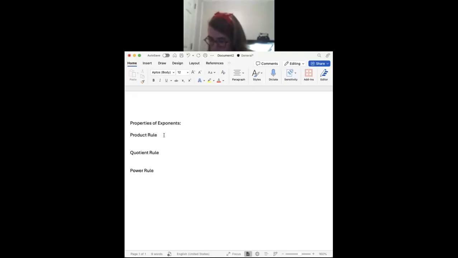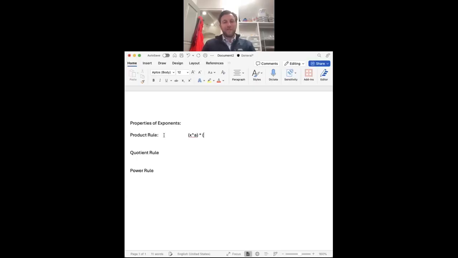So remember, this rule said what? When you're multiplying the same base, you combine them to add the exponents. Okay, that's how we would write it as a rule.